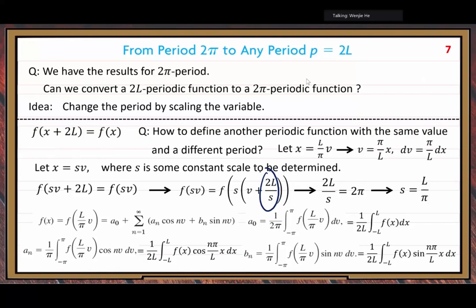So in this way, for any periodic function, we can calculate its Fourier series expansion.